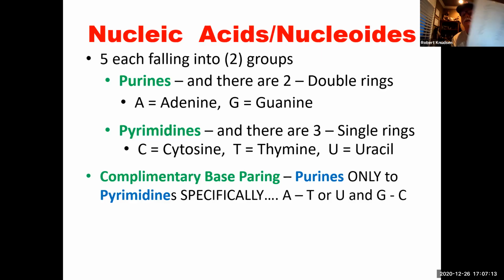The nitrogen base, the NB. But remember, we got more specific, and we made them A, T, G, C, U. But in DNA, there is no U. In DNA, it's always a T. In RNA, there's no T, it's a U. Only difference. So I'm going to make this DNA.